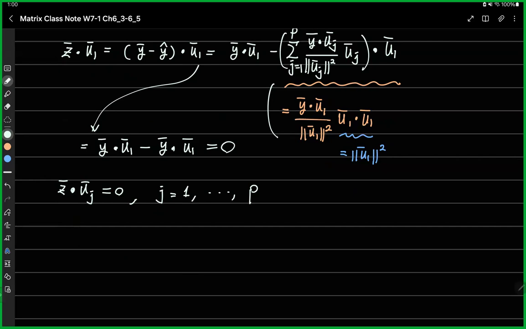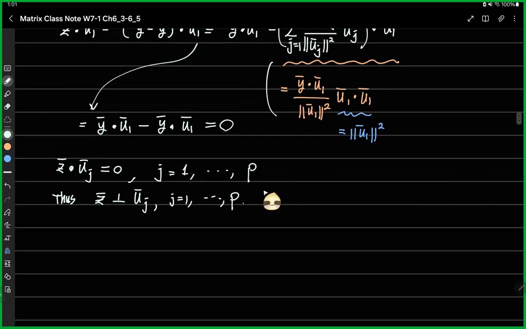Thus z is orthogonal to uj, j goes 1 through p, so vector z is in W complement.